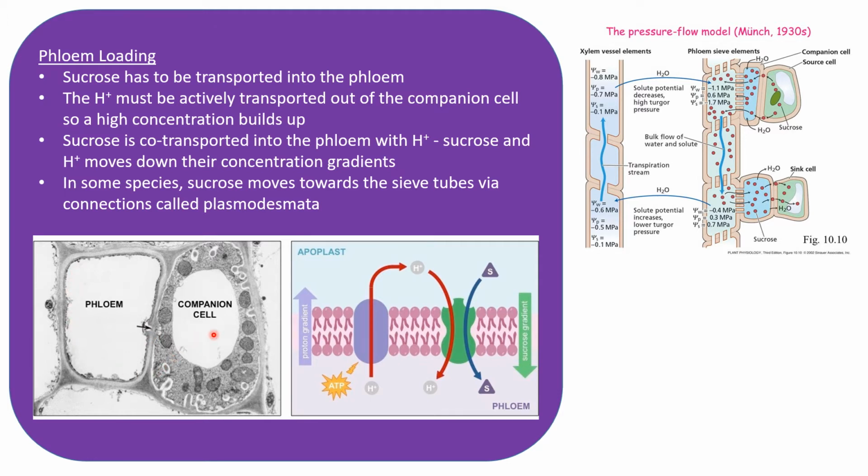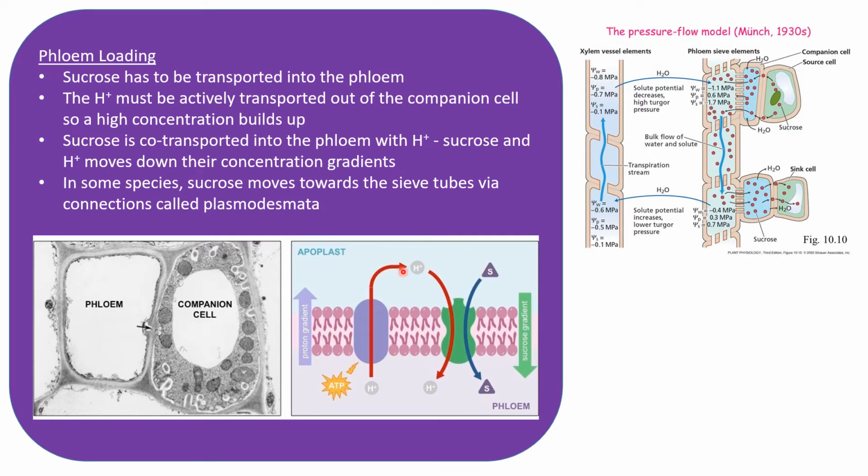Okay, so the sucrose has to be transported into the phloem, and we call this phloem loading, the loading of the sucrose into the phloem. What happens in this diagram here, you've got the apoplast, which is the cell wall, and then you've got your phloem here. The hydrogen ions are actively transported out into the cell wall so that a high concentration builds up outside of the phloem.